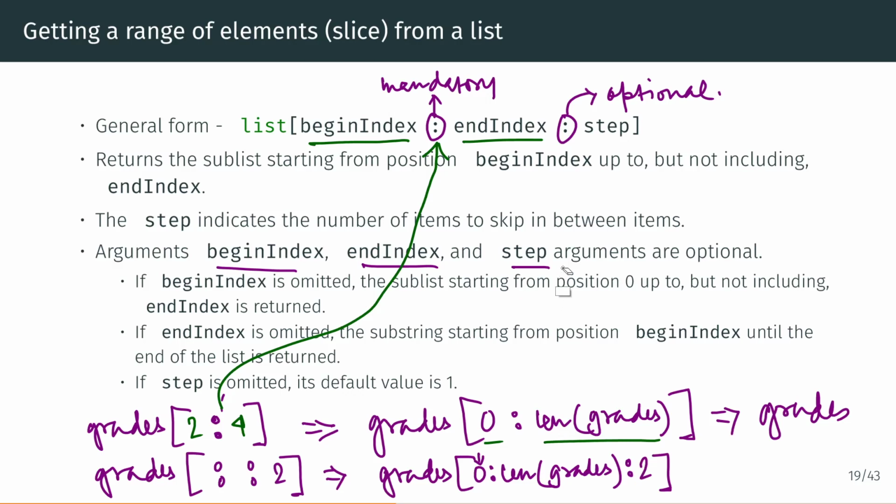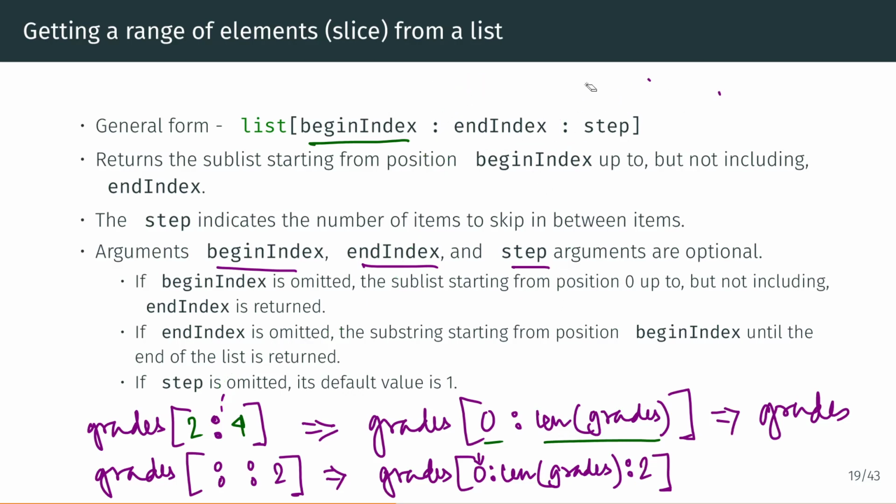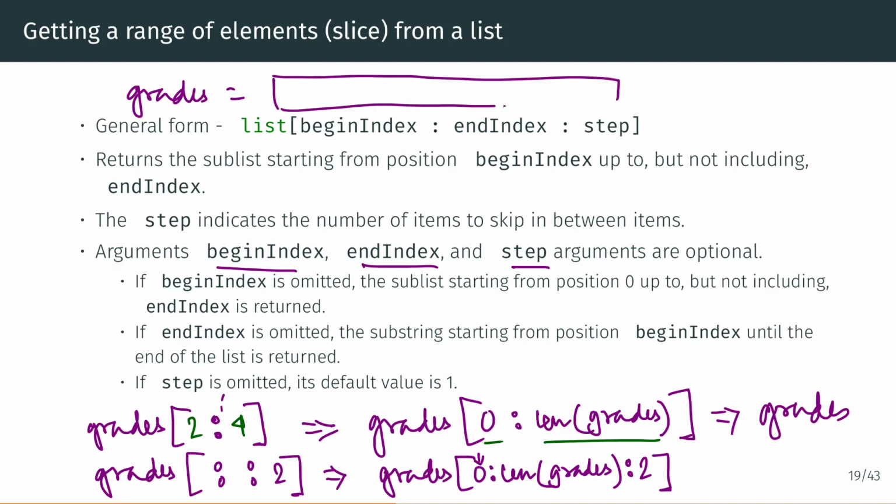So what you will have is, let's say you have a list of grades of size 8, and the indices of the elements are 0, 1, 2, 3, 4, 5, 6 and 7, okay.